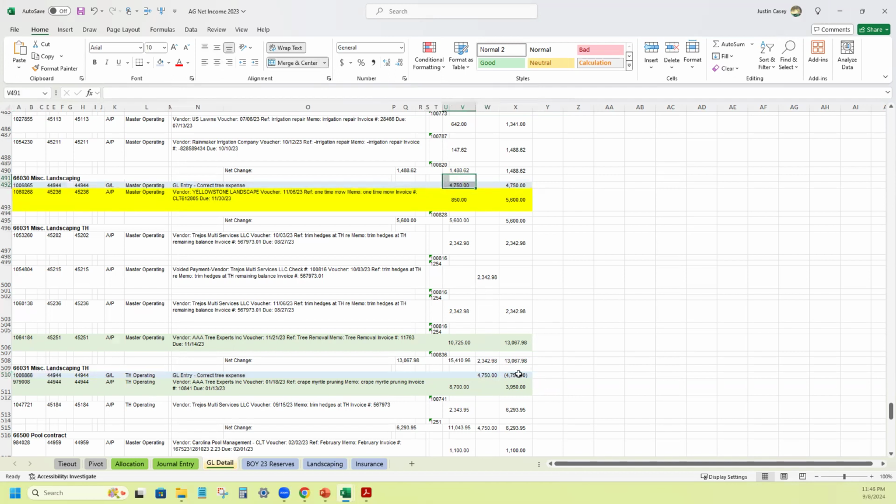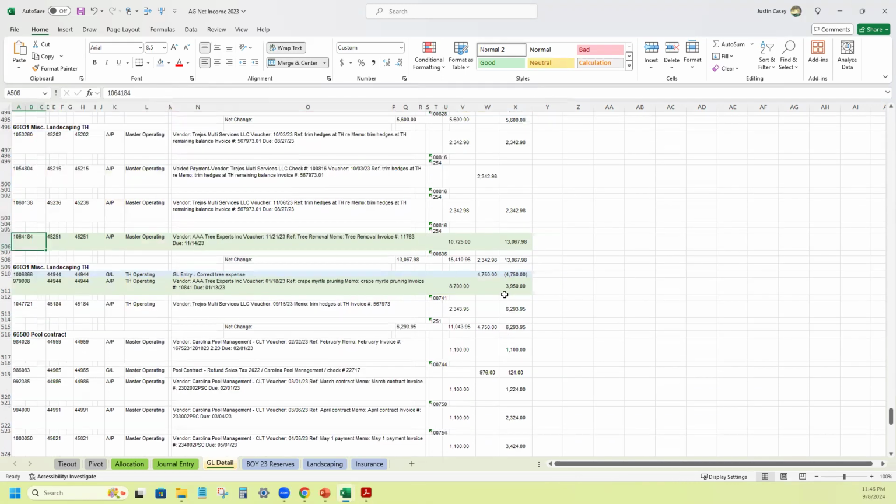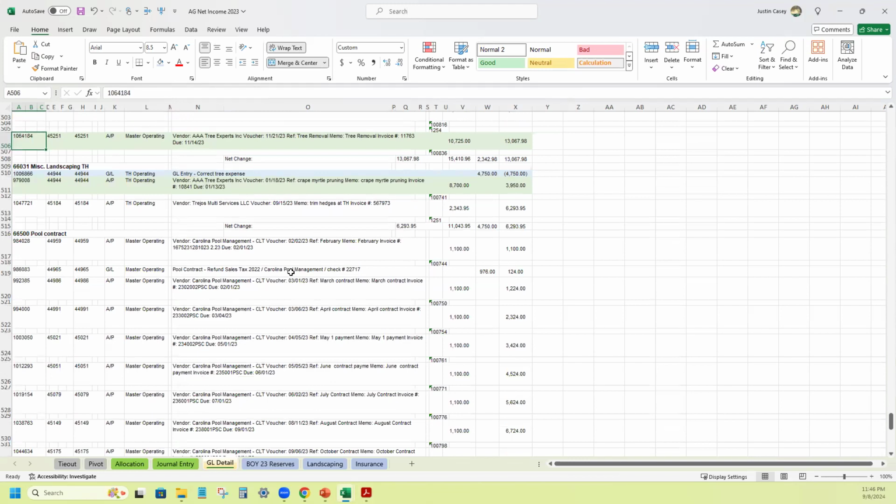So took a look at that. That looked appropriate. And then just wanted to highlight that the work that we did on the AAA tree removal in November to remove some trees along Caprington was coded entirely to miscellaneous landscape and townhome. So that's appropriate as well.